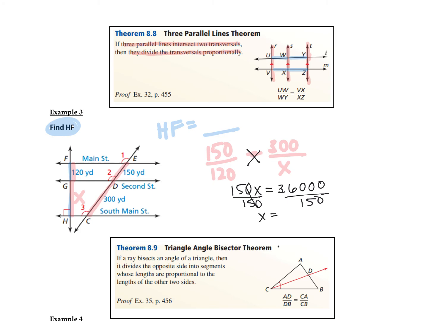Grab my calculator. So x is 240. Now we need to know from H to F, so we just have to add this 240 plus the 120. So HF is 360 yards.